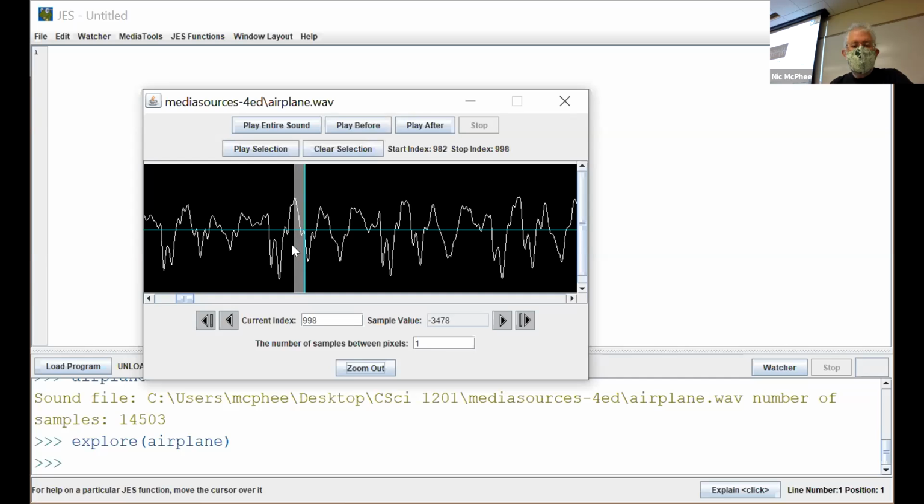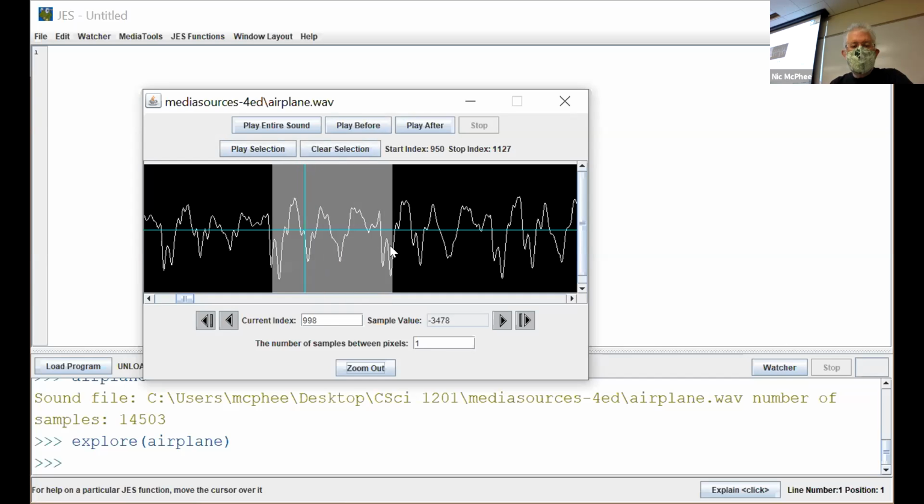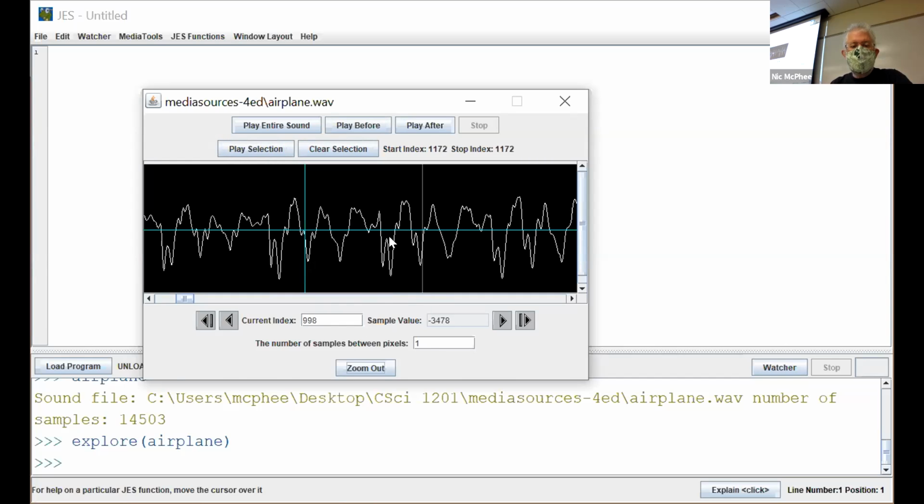You can select ranges to see things. You can click in particular places and see what the current value at this location is, minus 21,764. We click over here, it's 10,308.